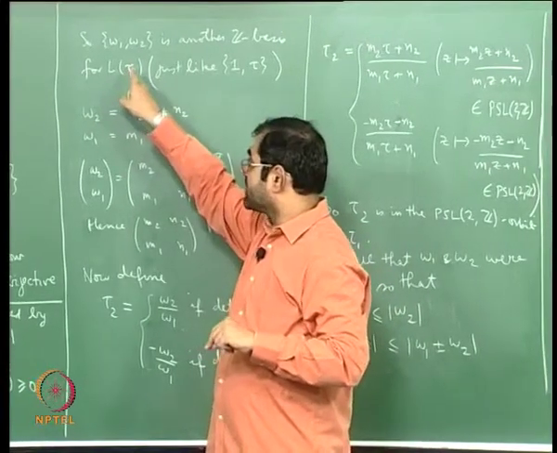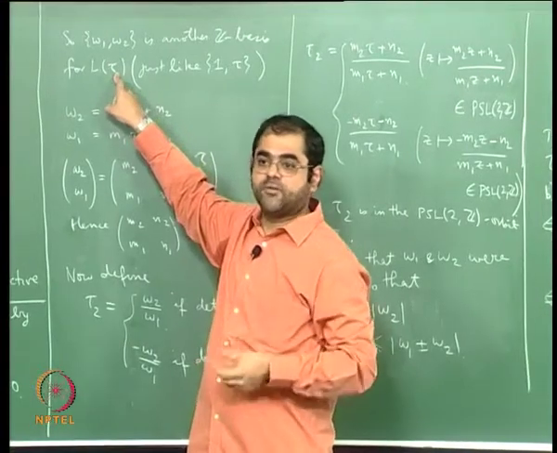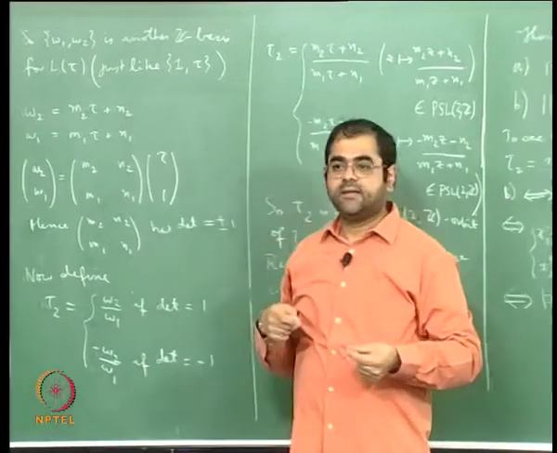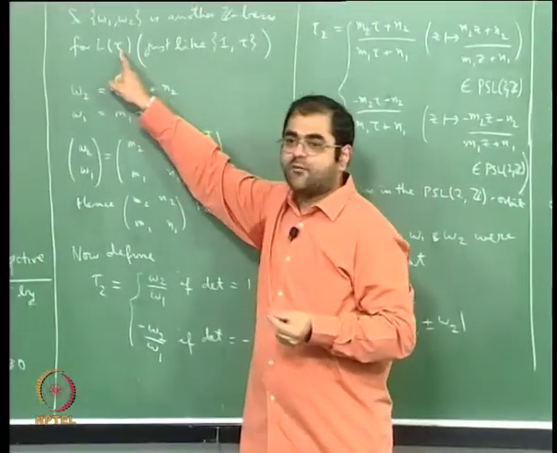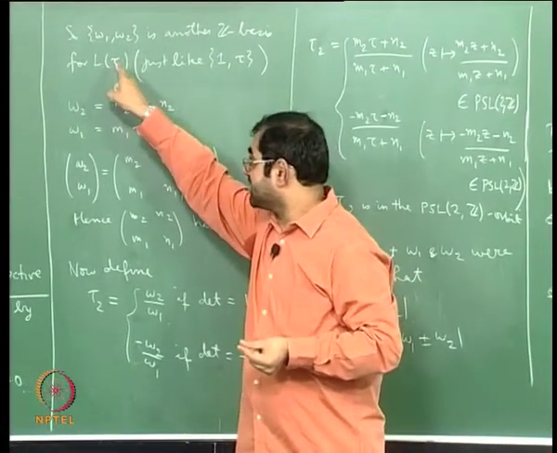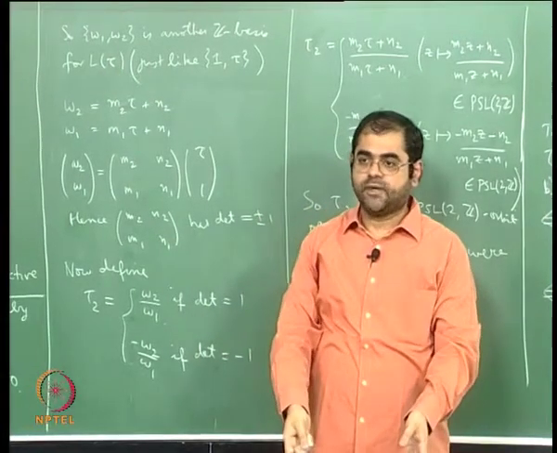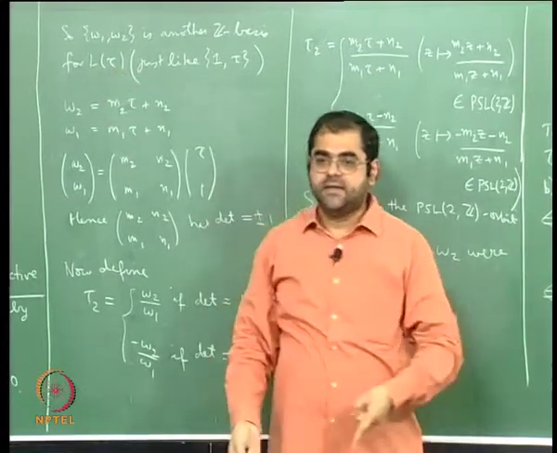I started with a tau 1 in the upper half plane, and I was trying to produce a tau 2 in script D which is in the PSL2Z orbit of tau 1, but somehow tau 1 has changed to tau, so please do not get confused. This is the tau that I started with in the upper half plane, and I am trying to produce a tau 2 which is in the PSL2Z orbit of this tau and which is in script D.